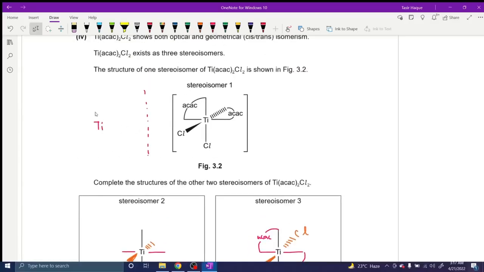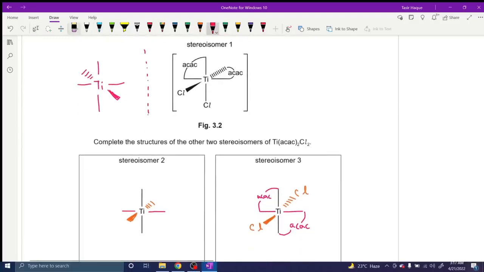If I draw a typical mirror image, we have these bonds in the same place, but what about this? What if this is placed here and this is placed here? Think about it, it becomes a mirror image easily. So we're just going to change the position and put them over here. Like this. Now it's better. So we need to put the chlorines, look, at which positions? Mirror image. So like this, the chlorines will be placed here. What about ACAC?